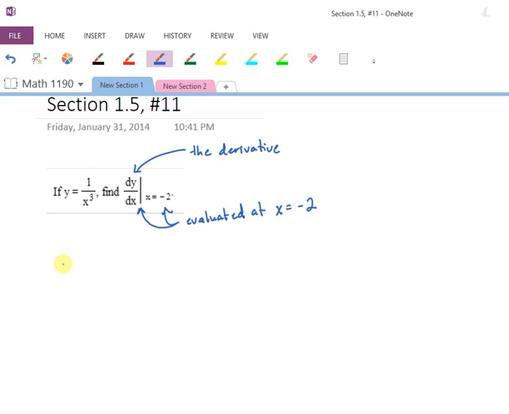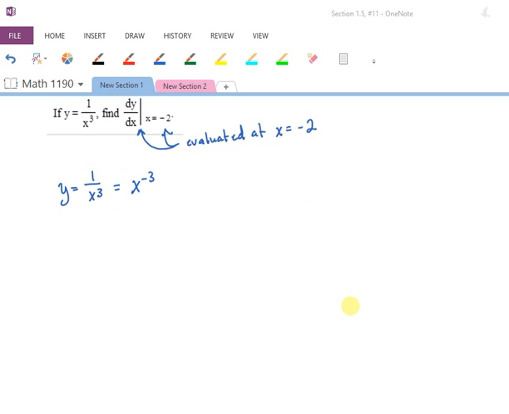So we have y equals 1 over x cubed. I like to write that as x to the -3. So dy/dx is equal to -3x to the -4.